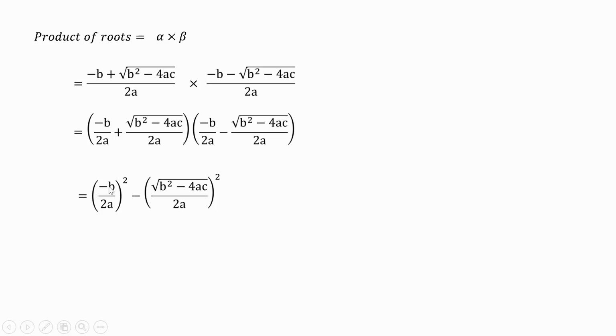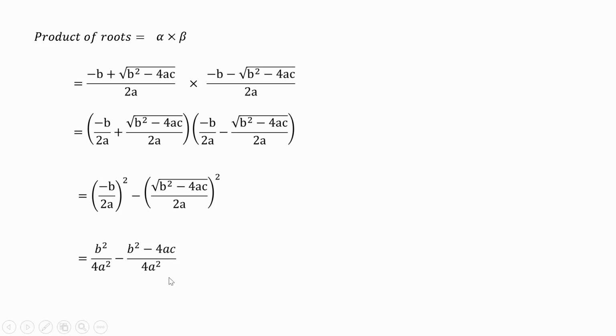The square of minus is plus, so this is b square by 4a square, and here square and square root get cancelled. The square of 2a is 4a square, so we rewrite it as b square by 4a square minus b square minus 4ac by 4a square.